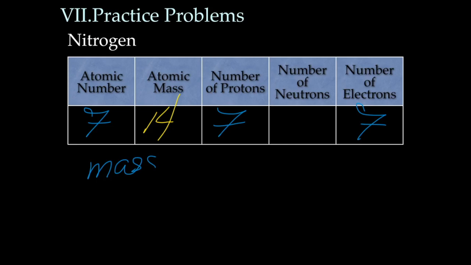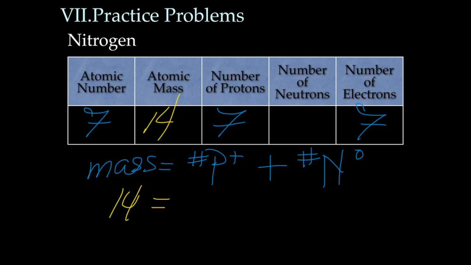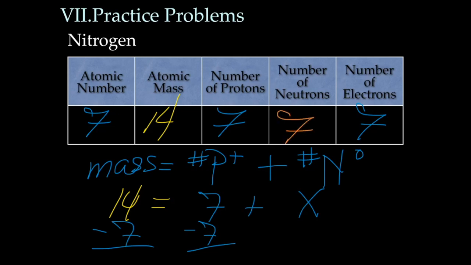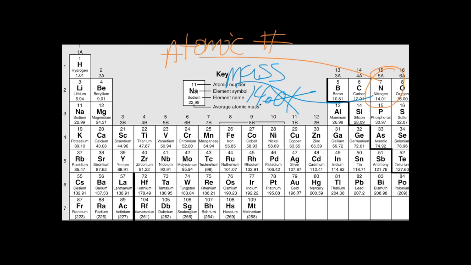Mass equals number of protons plus number of neutrons. We know the mass is 14. We know the number of protons is 7. So now we just need to figure out the number of neutrons. So to solve this problem, we're going to subtract 7 from both sides. And that gives us the number of neutrons, which is 7.